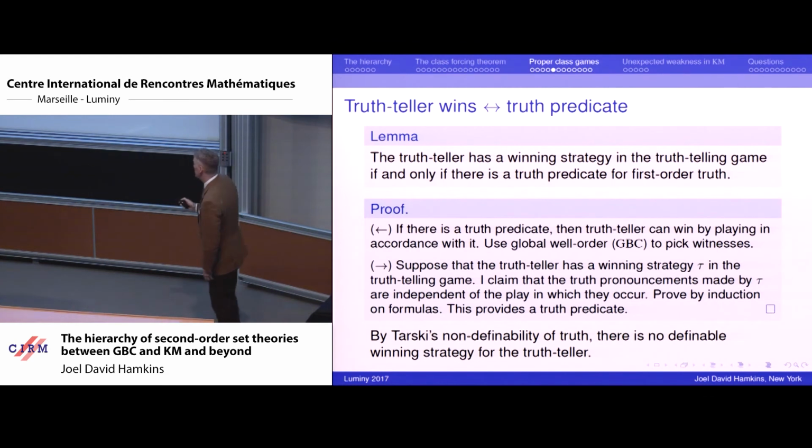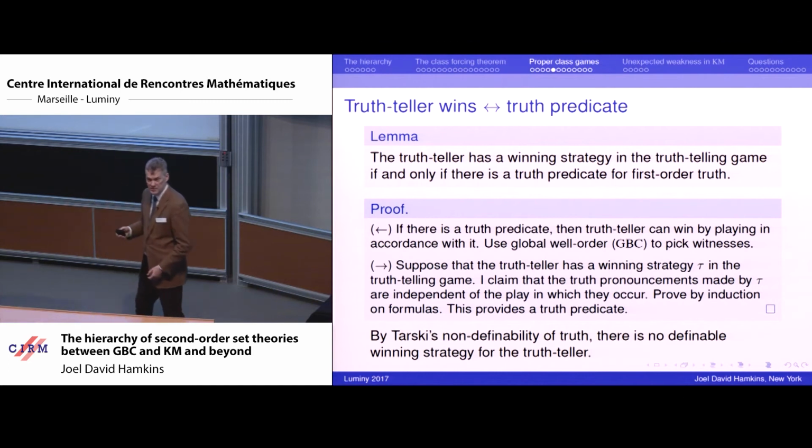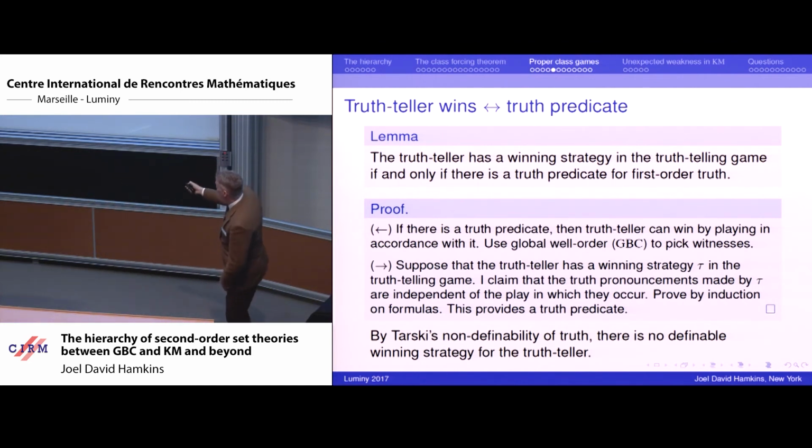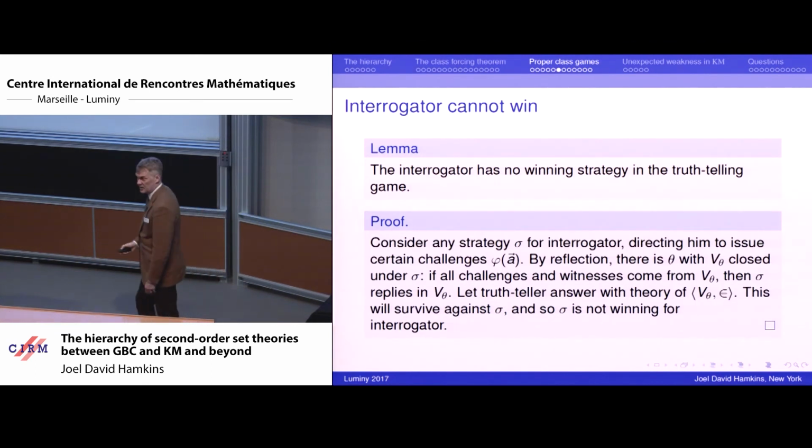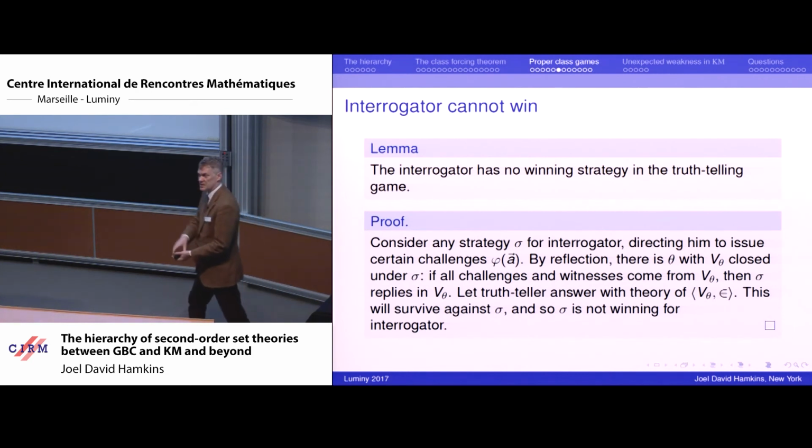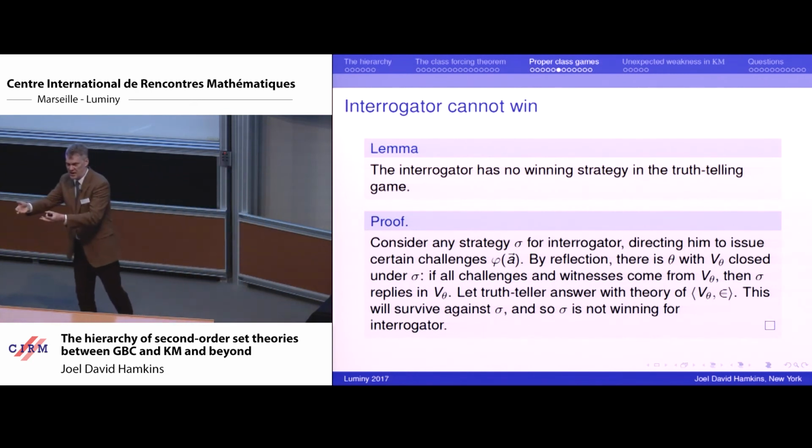And it follows then that the truth pronouncements made by that winning strategy will obey the Tarski recursion and therefore be a truth predicate. Okay, so that shows immediately that there cannot be a definable winning strategy for the truth teller. We don't yet have the theorem because maybe the interrogator wins. So this just shows if the truth teller wins, then it's because there's a truth predicate. But I claim the interrogator cannot win. The reason is that if you have a strategy for the interrogator, that's a strategy that tells the interrogator which questions to ask.